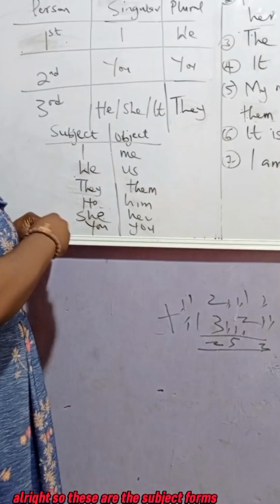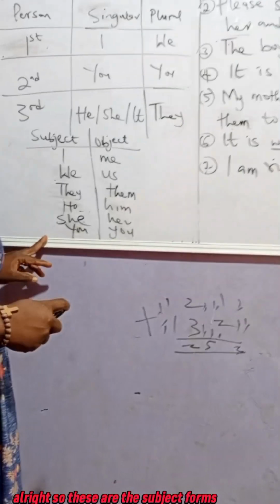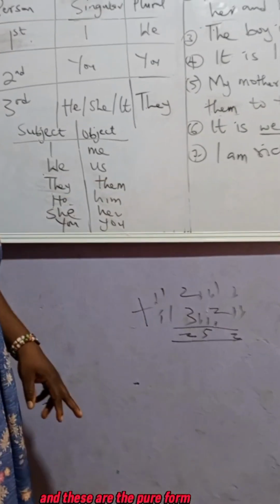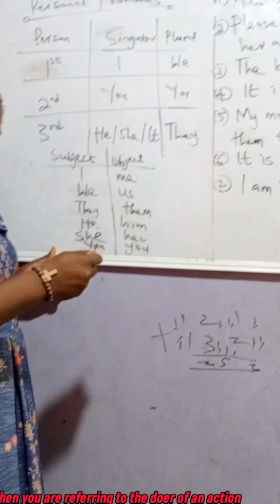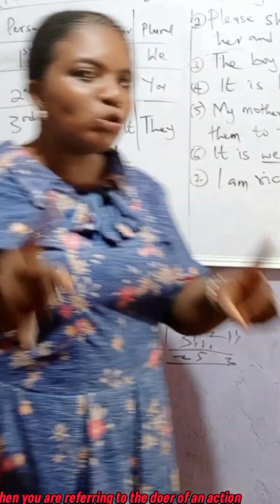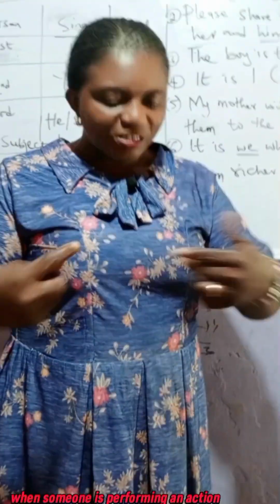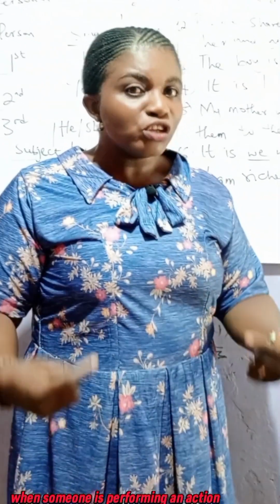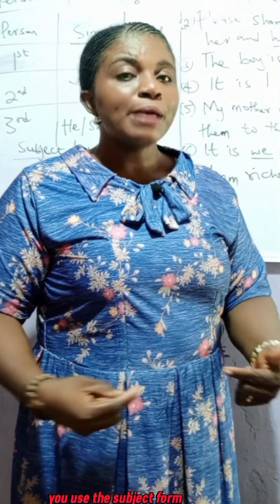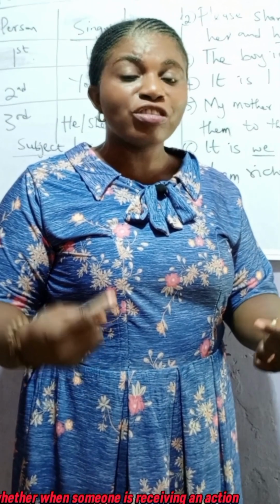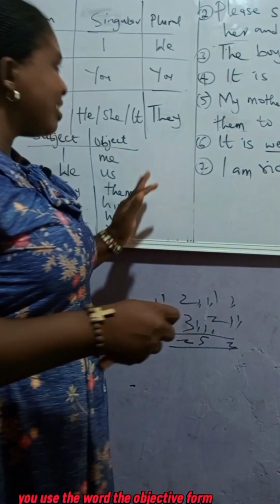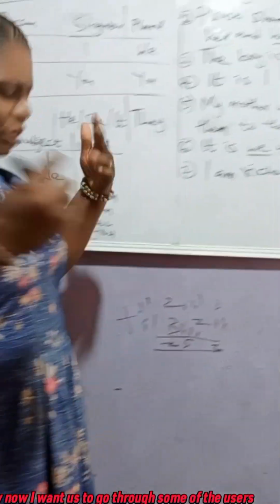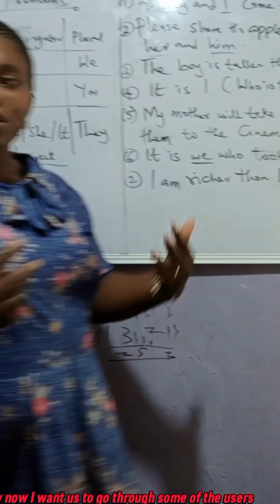All right? So these are the subject forms and these are the object forms. Remember, you can only use this when you are referring to the doer of an action. When someone is performing an action, you use the subject form. When someone is receiving an action or something is receiving an action, you use the objective form. Okay, now I want us to go through some of the uses.